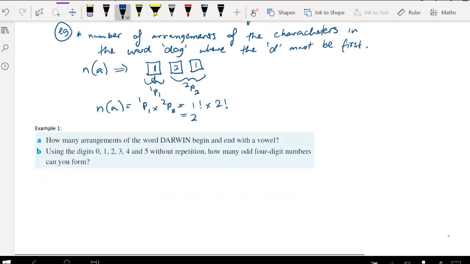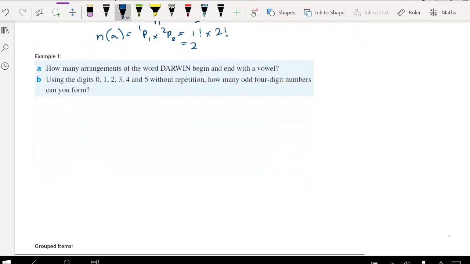If we take this a little bit further and look at an example: how many arrangements of the word Darwin begin and end with a vowel? The restriction here is that the first and last letter must be a vowel. If we set this out, we've got 1, 2, 3, 4, 5, 6 letters.